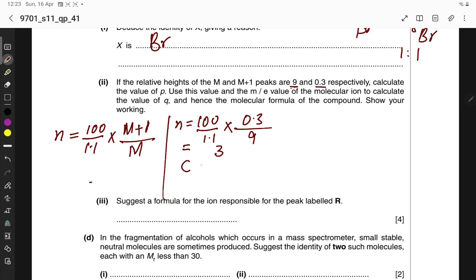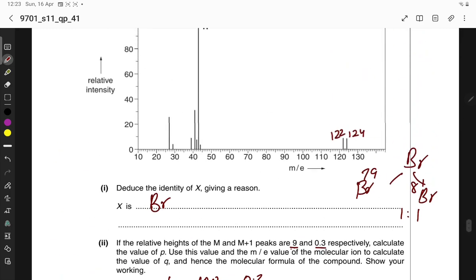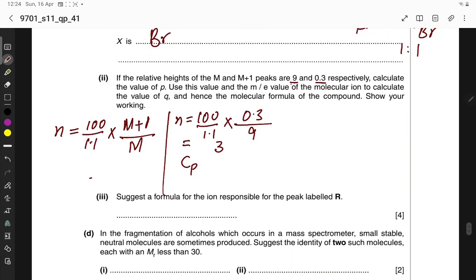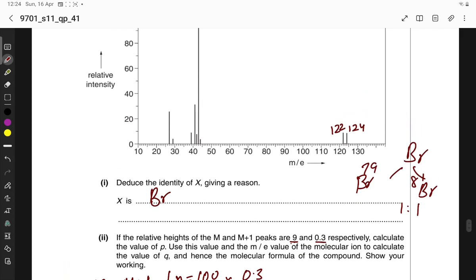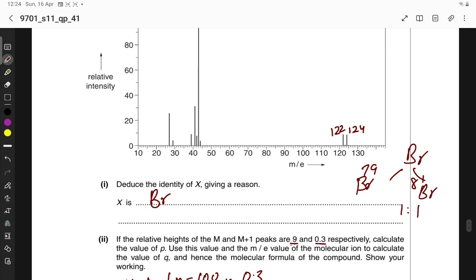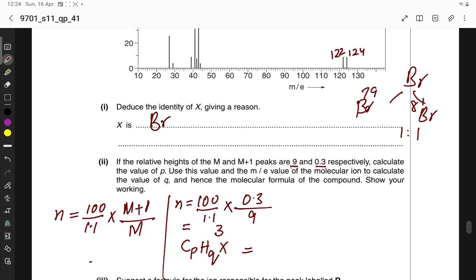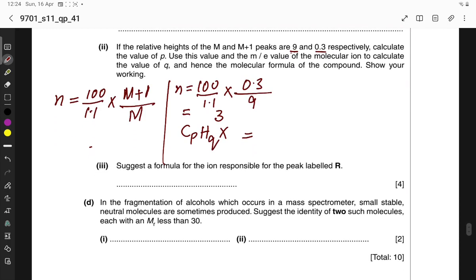C is P, H is Q, and X is the halogen, and the mass is equal to 122.